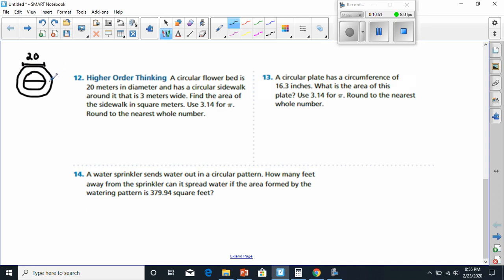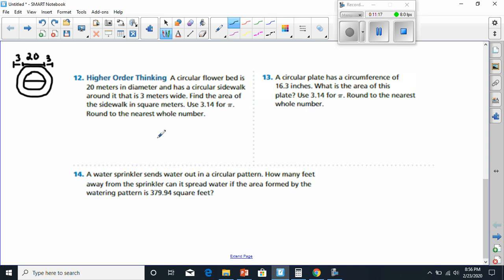And the sidewalk, okay, from here to here, they're saying is 3 meters wide, which of course means the sidewalk over here is also going to be 3 meters wide. So from this distance, from there to there, we're talking 3 meters each. Now find the area of the sidewalk in square meters. You use 3.14 for pi.